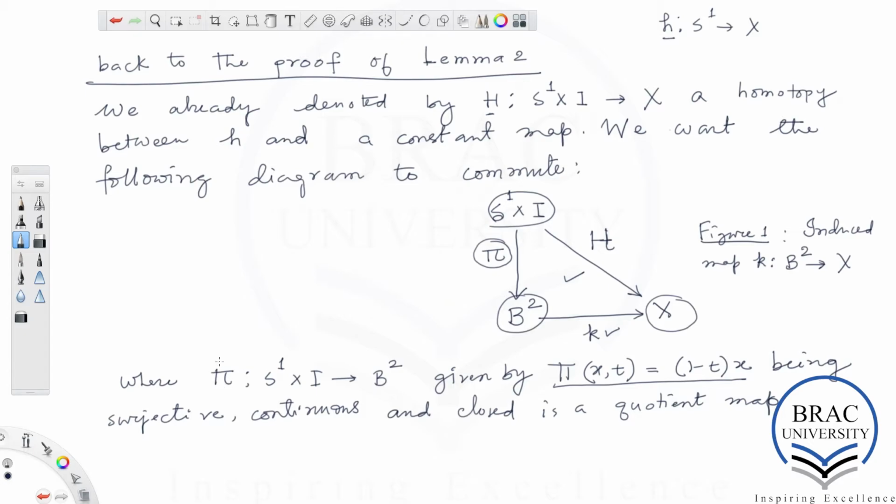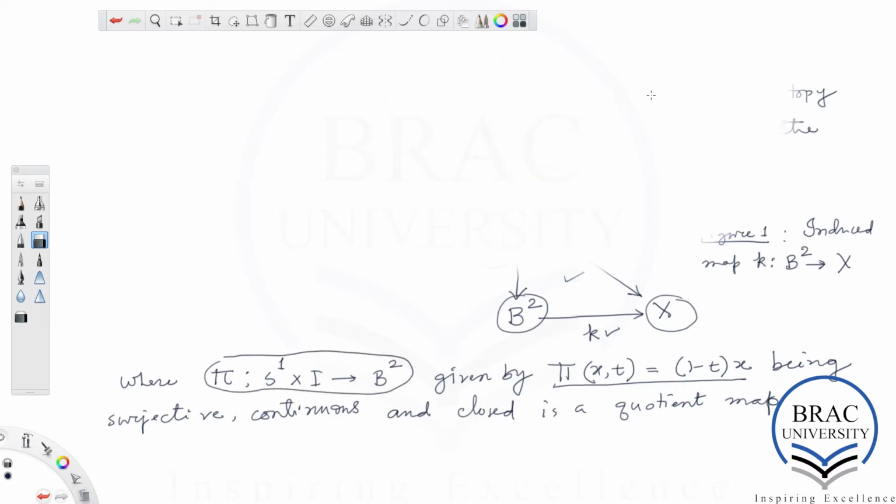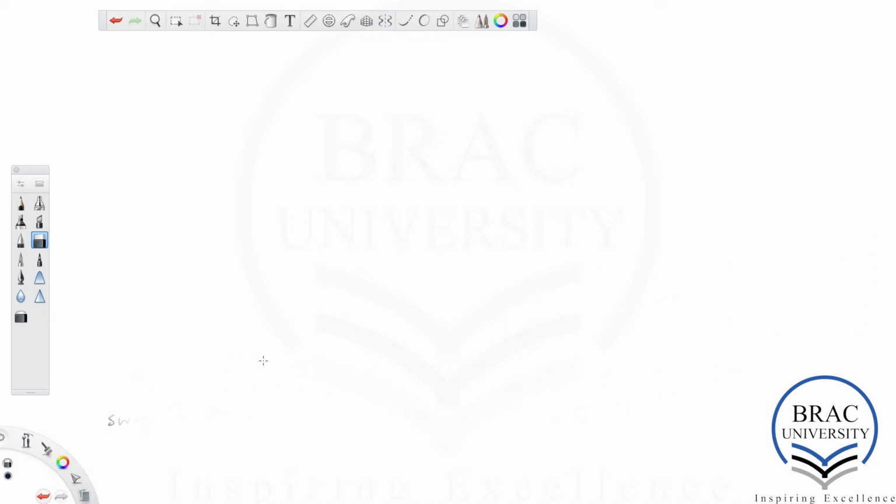Okay, so about this map, let me give you a picture for understanding this map a little more clearly. In fact, we have a homeomorphism of S1 cross I quotiented out by the following equivalence relation. So it is nothing but a cylinder, right? So we are collapsing one end of the cylinder.